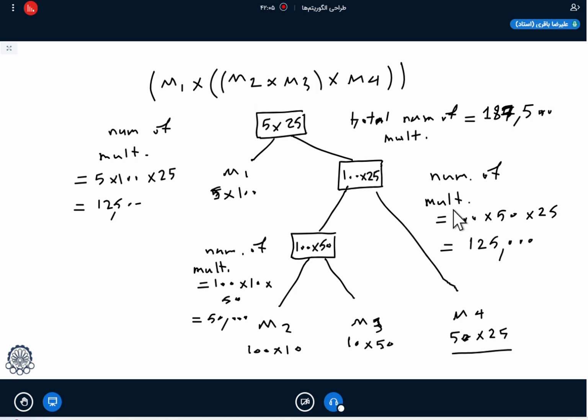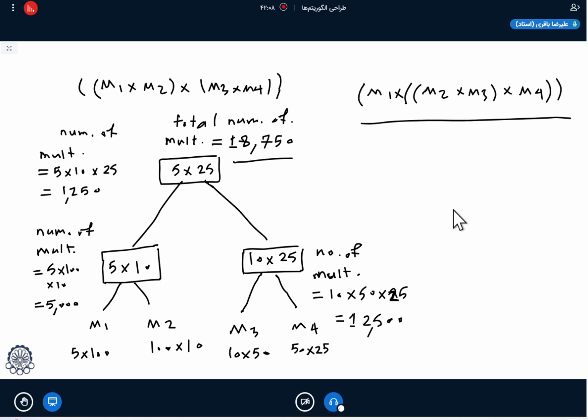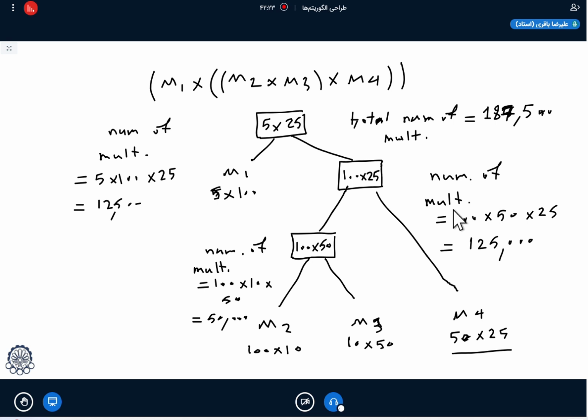This example shows that the manner in which we do parentheses in multiplication of matrices will affect the number of multiplications that are done. So it is important how we do parentheses. Any question?